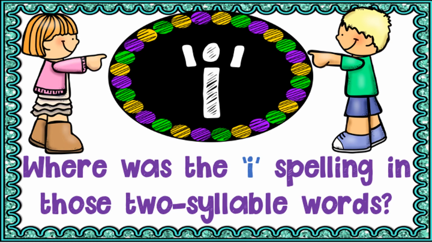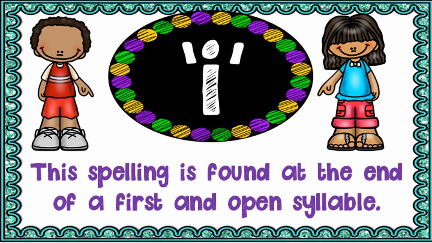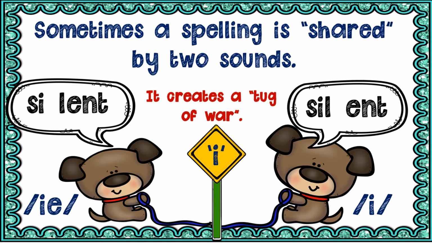Now, where is the I spelling when you read these words? Like in silent, that's when your I is ending the syllable. So it's an open syllable. So it's going to make the I say its name. That's how you know when the I is going to say its name and make the long sound. Sometimes the spelling is shared by two vowels, or by two sounds.